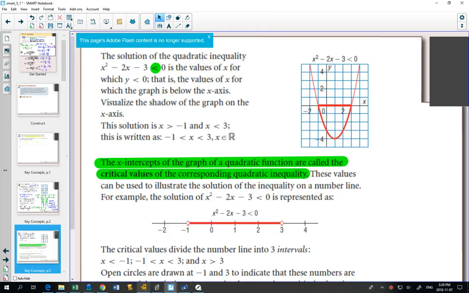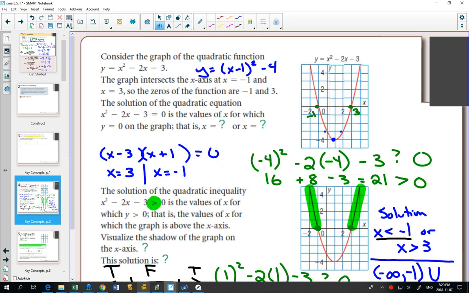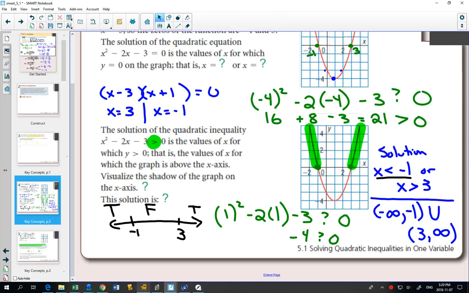One of the things we're going to decipher on our true and false line is that when the sign is less than or greater than without the equal sign, at our key points, which are critical values, you'll notice they put open circles there. Technically, if I go back to the example that we did at first, I should have gone at -1 and drawn an open circle, and at 3 and drawn an open circle to say they can't be included.